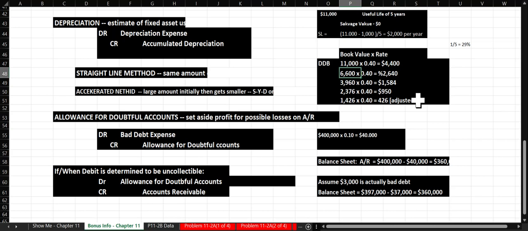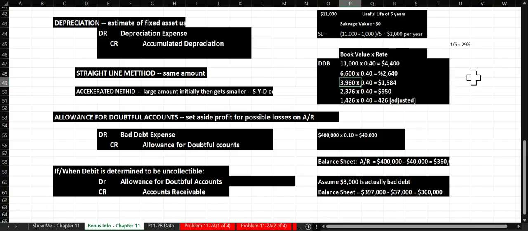Again, what's my accumulated? My accumulated would be the 4,400 plus the 2,640. So that would be 7,040. Subtract that from the 11,000, you get a book value, right? Original cost minus accumulated depreciation gives you your book value. Multiply that by 40% and you get 1,584.